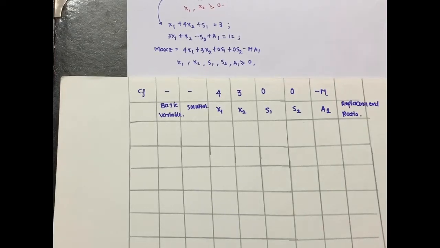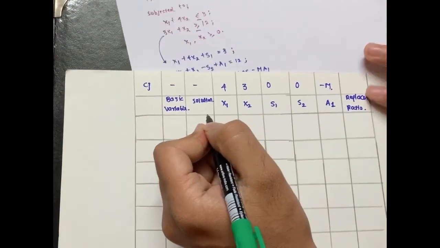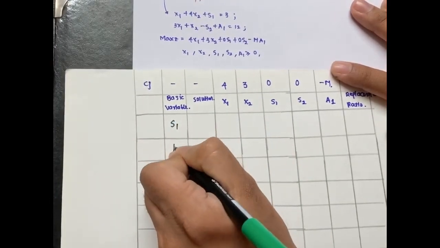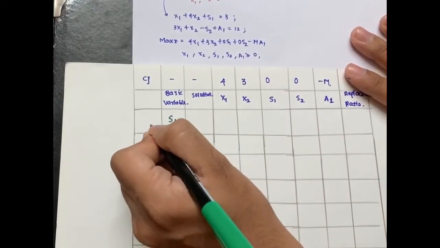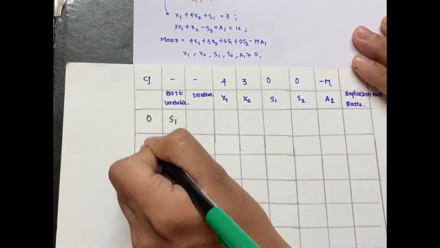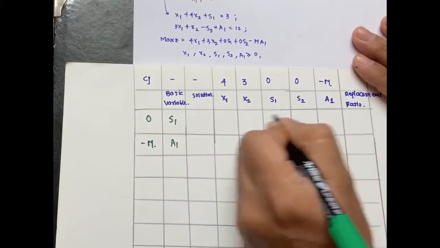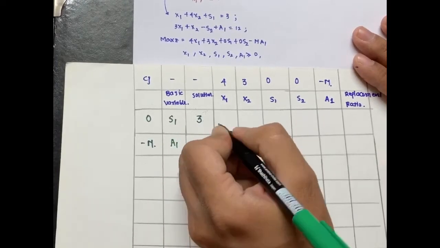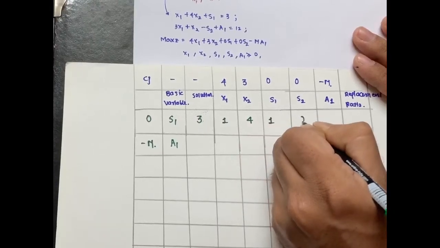Now if I make an attempt to fill all the cells, I know the basic variables for the first iteration will be s1 and a1, and their cj coefficients are 0 and minus M. For the first row, the values are 3, 1, 4, 1, 0, 0.